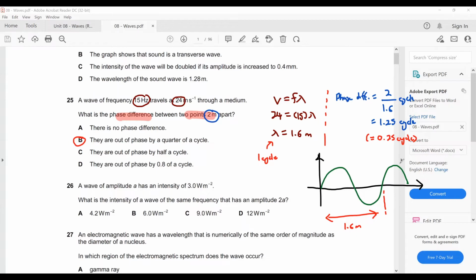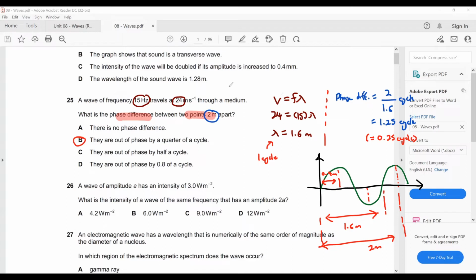So 0.4, if I'm talking about a distance of 2 meters, it will be this one. Okay, remember I told you that you can actually divide your wave into 4 equal portions. So each one here is actually 0.4 meter. So if I add 0.4 more, I will get 2 meter, which is here.